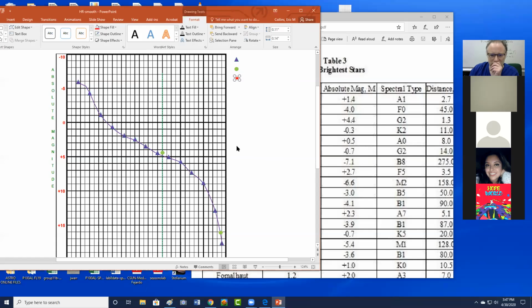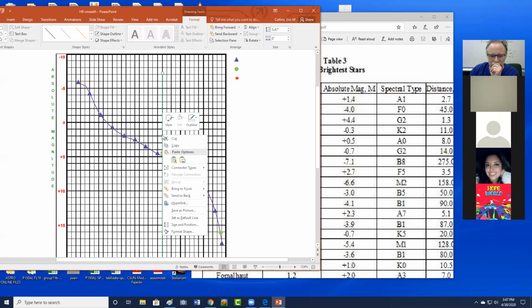All right, so let me change this to red now so we can do this.